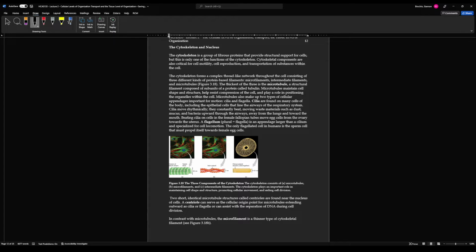There's 3 main proteins, the first of which is the microtubule, which is primarily formed of the aptly named protein tubulin. Microtubules really function for shape and structure and stop the cell from being squished. They also play a major role in some structures that come off of the cell membrane, specifically cilia and flagella.